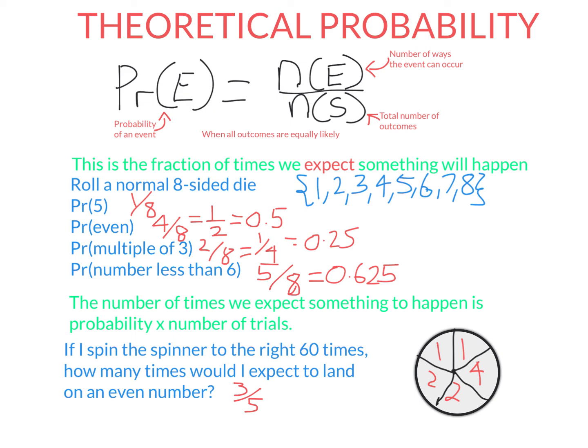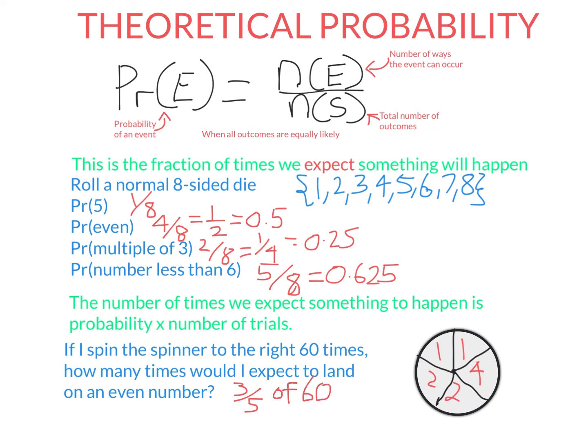So I expect that 3/5 of the time, this spinner will land on an even number. Or in other words, out of every 5 spins of this spinner, I expect 3 of them will land on an even number and 2 on an odd number. So if I roll this spinner 60 times, I would expect that it will land on an even number 3/5 of those 60 times.